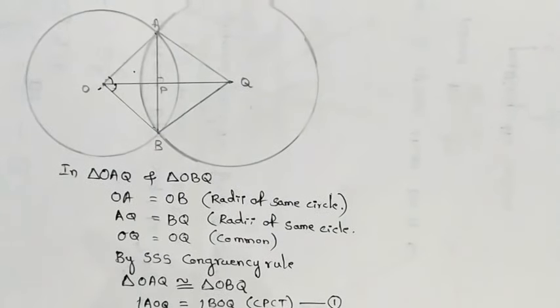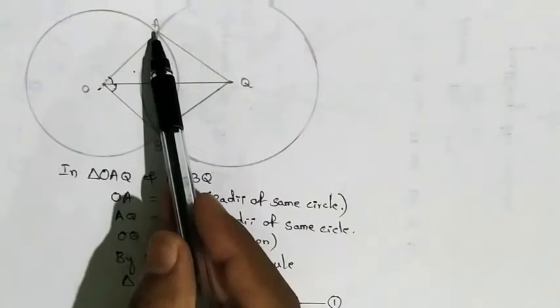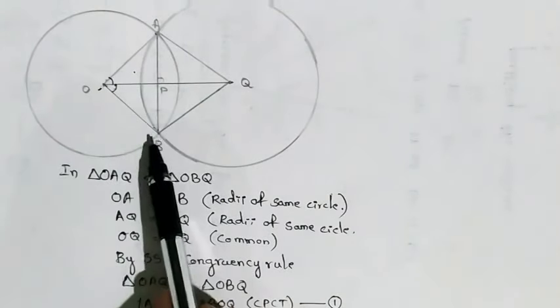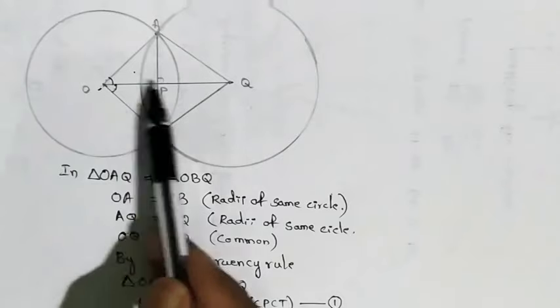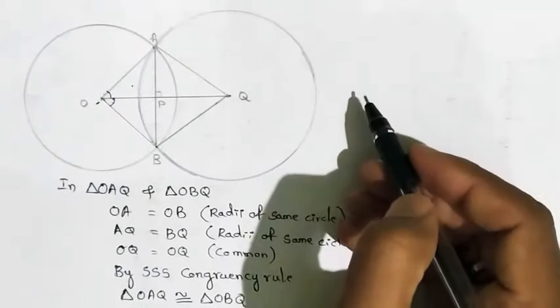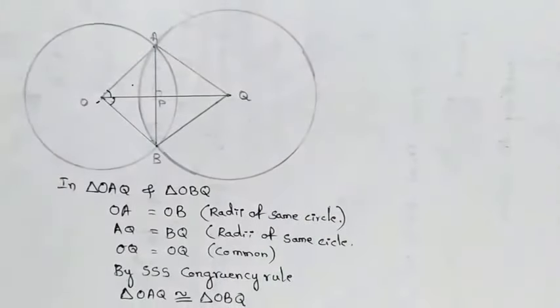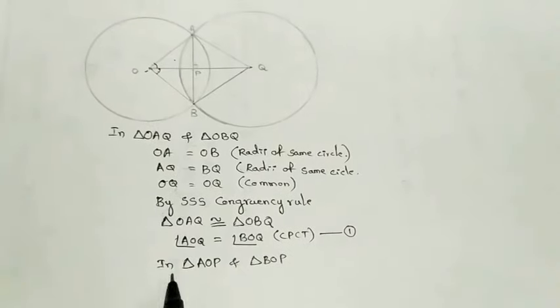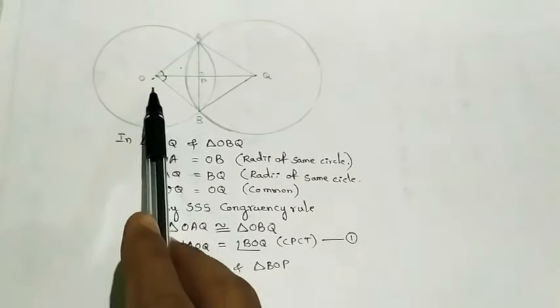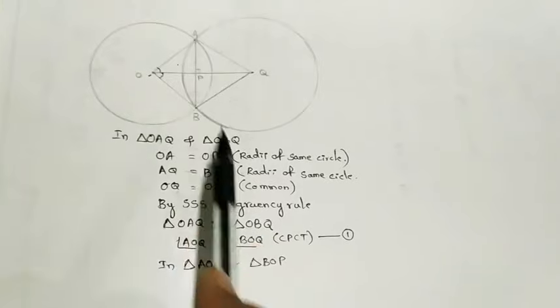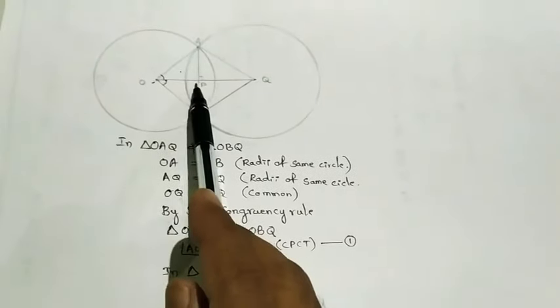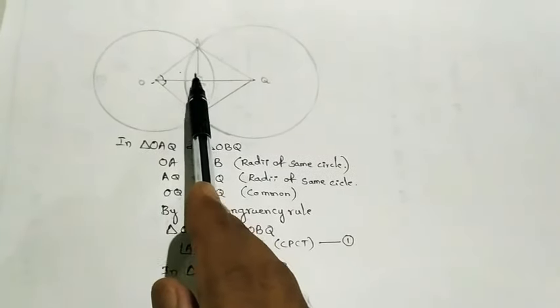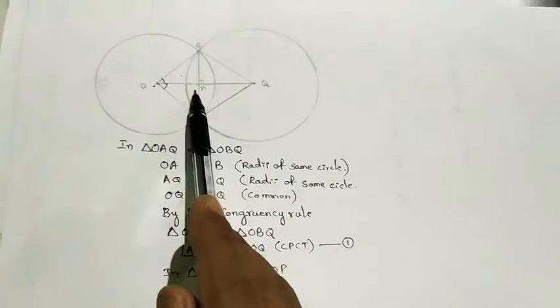Using this, now I will show that angle AOP is congruent to BOP. Okay, so here I will write that one. Now I will take triangle AOP and BOP, because I need to show that these two triangles' intersecting angle should be equal.